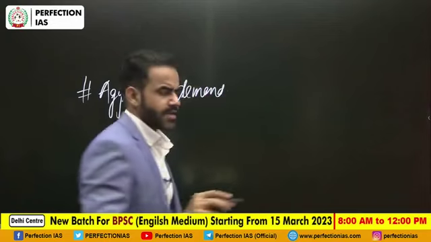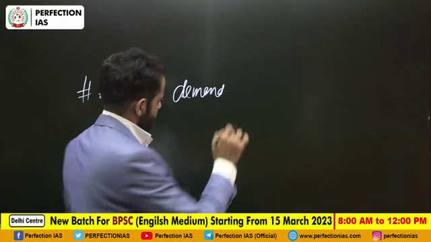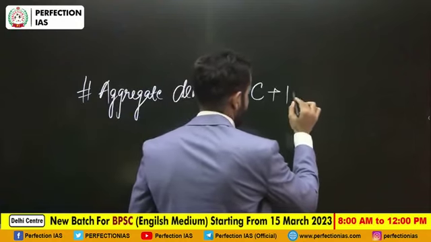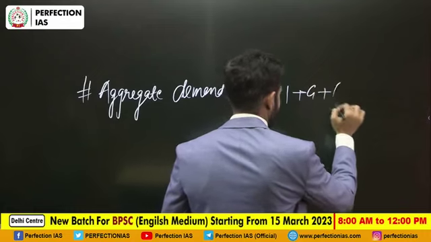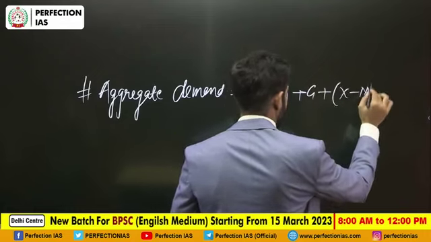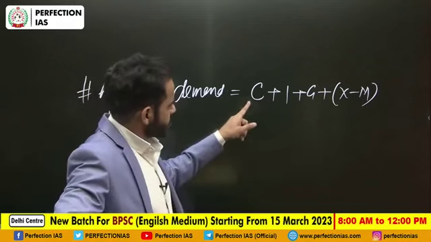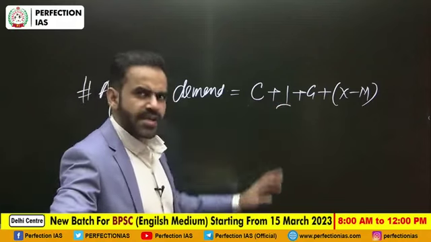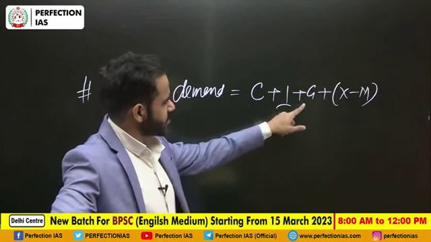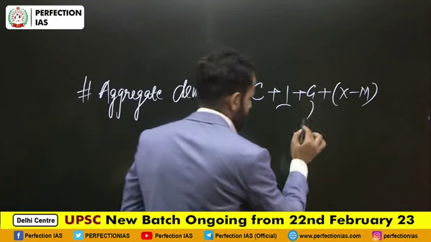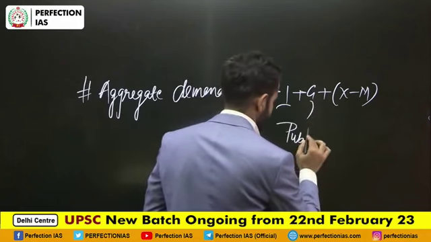So aggregate demand means total demand, that will be C plus I plus G plus X minus M. C stands for consumption, that is public consumption, I stands for investment by the private players, G stands for investment by the government or public expenditure.